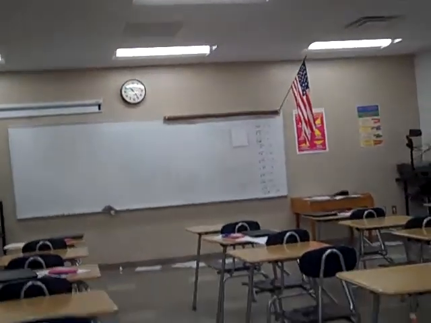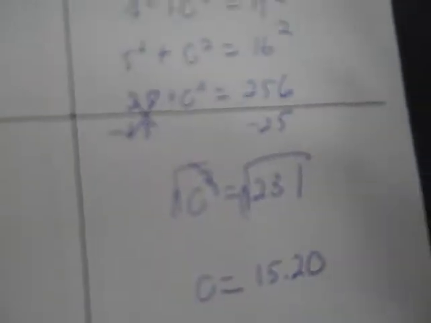You're allowed to just do a decimal, okay? 15.20. You could also go 15.2 as well. I'll put 20 there. Again, another teacher might make you divide by the perfect squares, but that one's prime. It doesn't divide by anything, so they would have you leave it square root of 231, and you'd put that for all your O's.